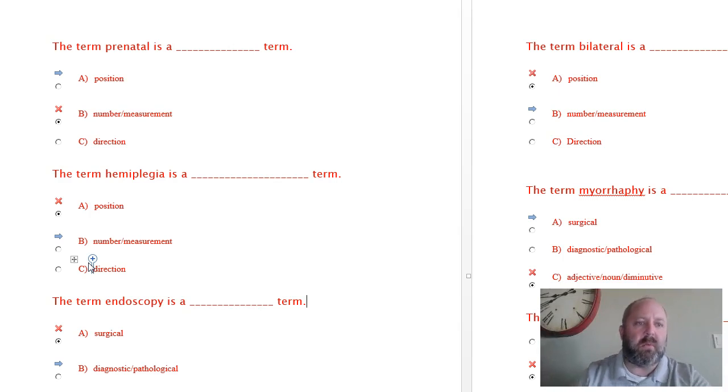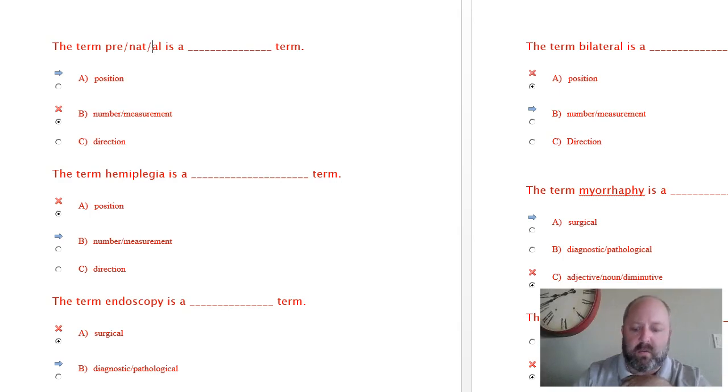So the first one here, the term is prenatal, and it's going to ask us whether this is positional, number, measurement, or directional. The first thing I would do is take this main word and break it down so that I could see its parts.